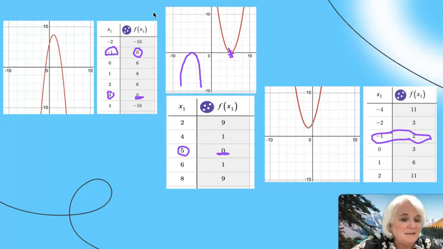They're all positive. There's no change in sign. If they were all negative, it would be down below, and it would not touch the x-axis. Once it touches the x-axis, you have a 0 or you have a solution. This is no solution. It doesn't get that far.